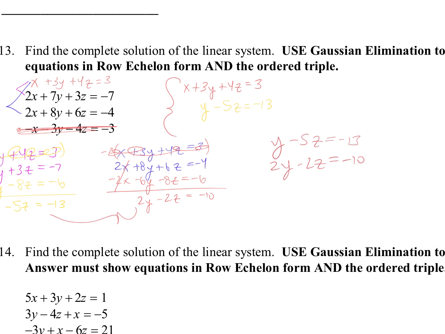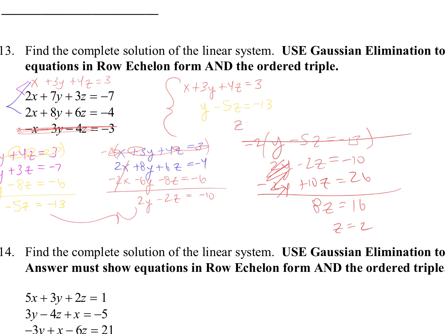So multiply the top by what? -2? Okay. So -2y plus 10z equals 26. What happens to my y's? They cancel. So -2 and 10 is 8z equals 16. Z equals what? 2. So z equals 2.